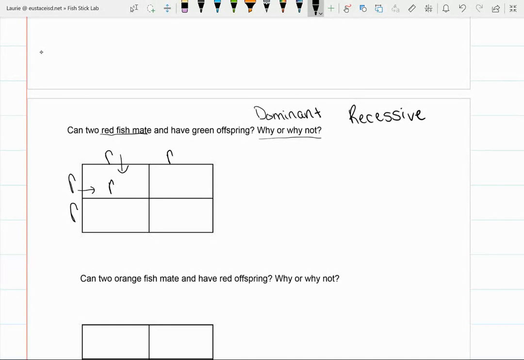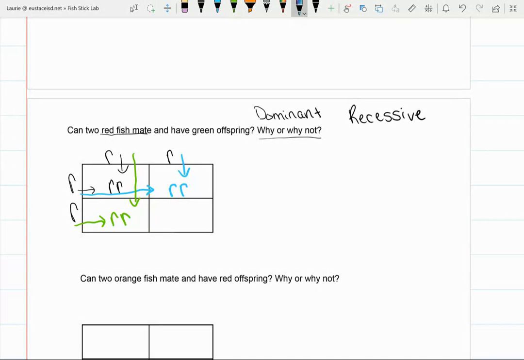So I know this first box is going to be r r like that. Now I'll do it again for this box. I bring it over here, I bring this one down, and I get r r for this box. Then I come here, bring it down and bring it over, so I have r r in this box.